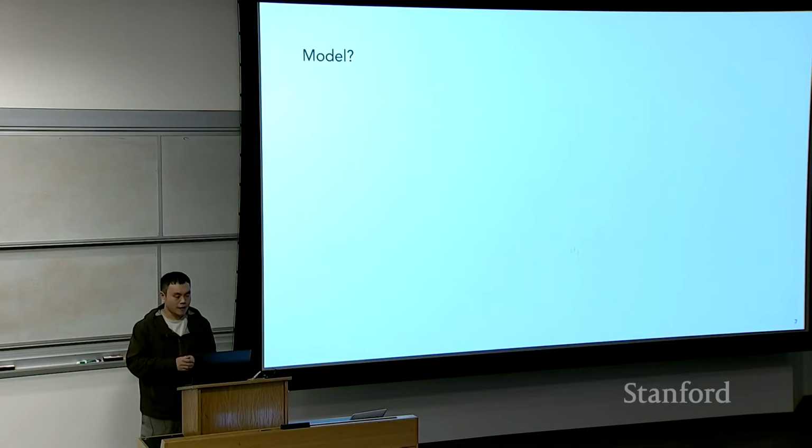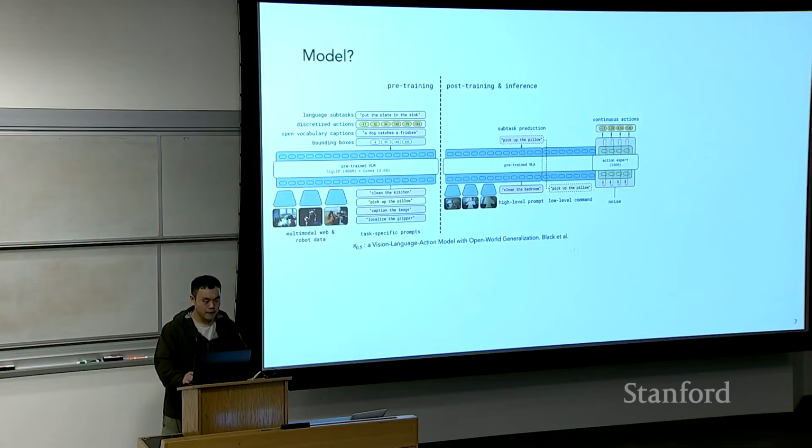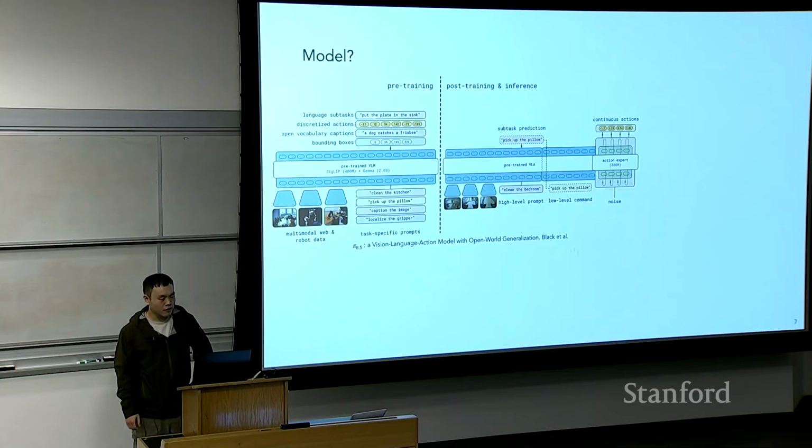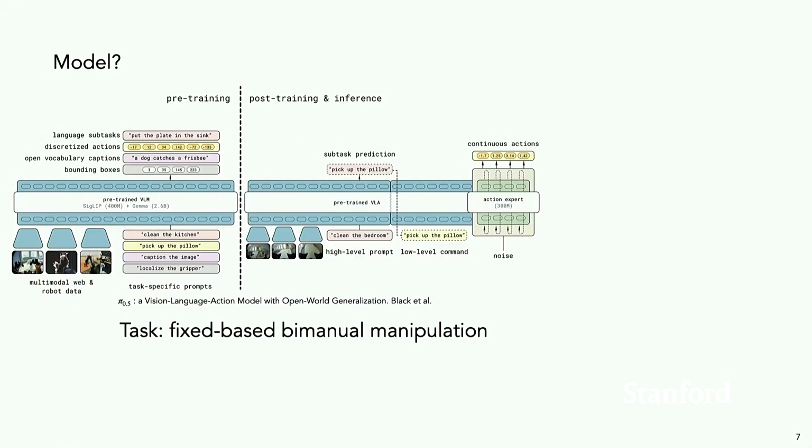And on the model side, there are also some questions that need to be answered. Right now, as I mentioned in previous slides, if we work on vision-language-action models, we more or less follow the pi practice. We usually work on fixed-base bimanual manipulation tasks, and the action space is around 18 degrees of freedom.